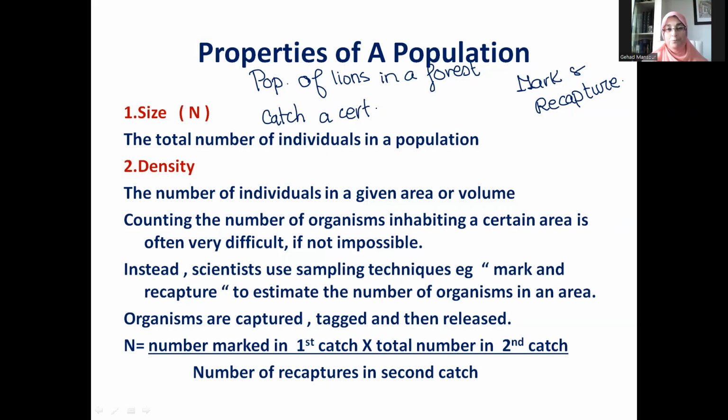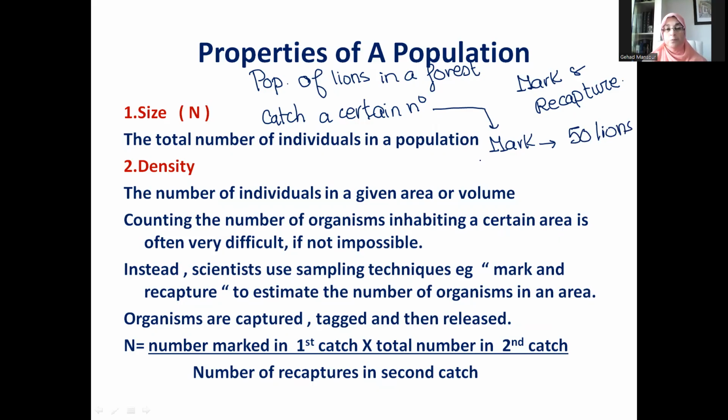Let's take another, more possible animal to catch. You catch a certain number of the animals whose number you want to determine, and then you mark them. Say, for example, that you marked 50 lions or 50 of that animal.